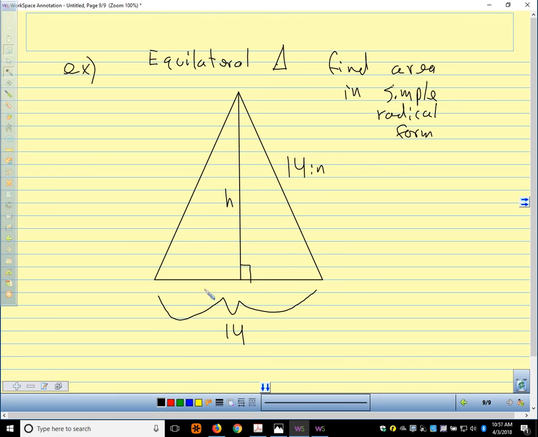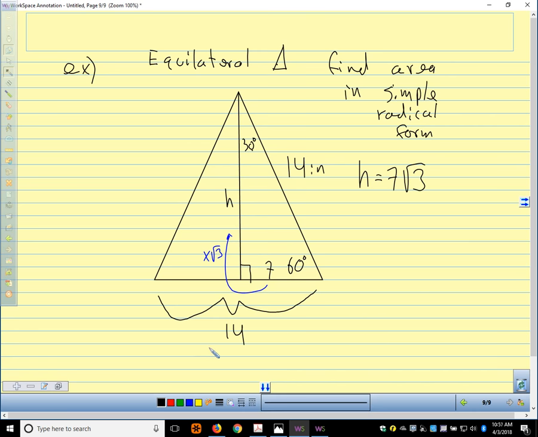Well, when we divide an equilateral triangle in half, we know we get a 30, 60, 90 triangle. And what is this little piece? That little piece is 7. This is the short side of the 30, 60, 90 triangle. To go from the short to the long, what do we do? Multiply by square root of 3. So the height is 7 square root 3.